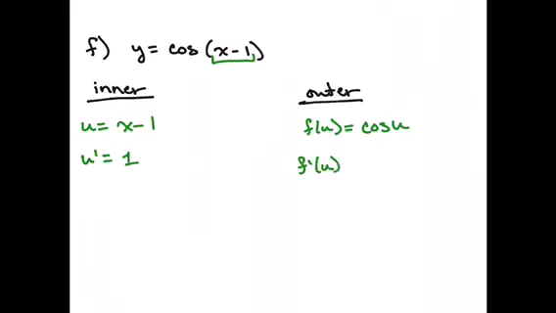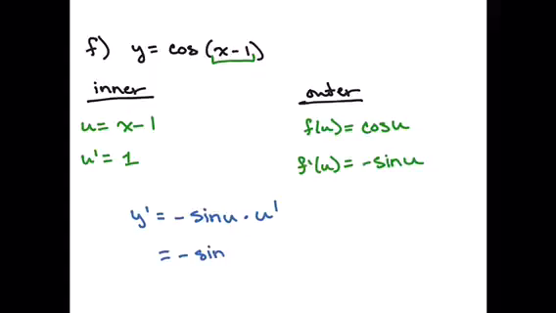The derivative of cosine of u is negative sine of u, and so our derivative would be negative sine of u times u prime, which will give us negative sine of x minus 1 times 1, and we don't need that 1 there when we simplify this.